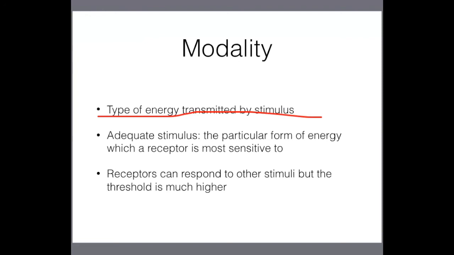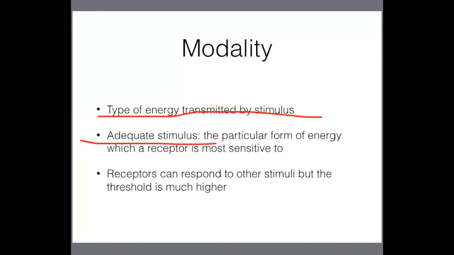Our eyes are more specific to light and so on. So each receptor has an adequate stimulus, meaning a particular form of energy that it is most sensitive to. Okay? Because of that, if we get a response from the eye, it's probably light, and so on. Make sense?